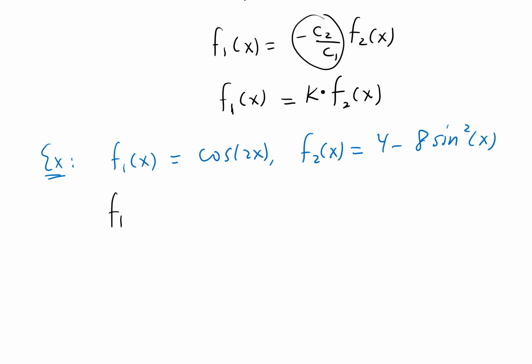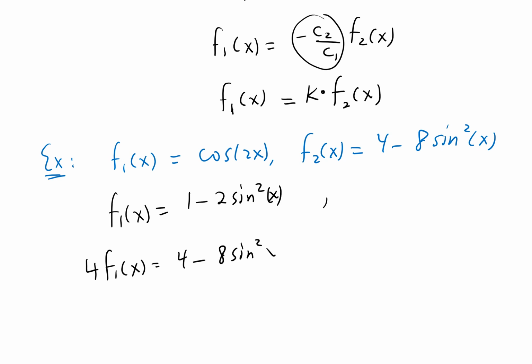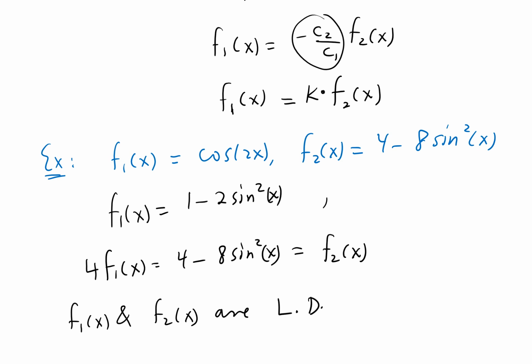Well, one thing I know about cosine 2x, the double angle formula for cosine, is 1 minus 2 sine square x. So if you take this and multiply it by 4, what do you get? 4 minus 8 sine square x. And that's really f2 of x. So that shows that f1 of x and f2 of x are linearly dependent.